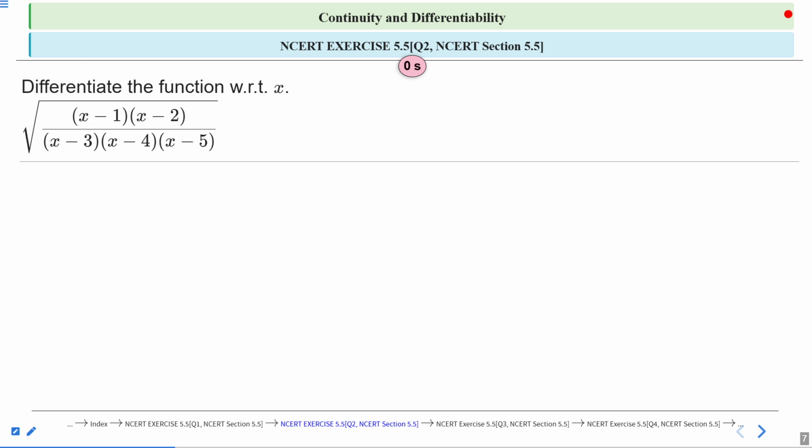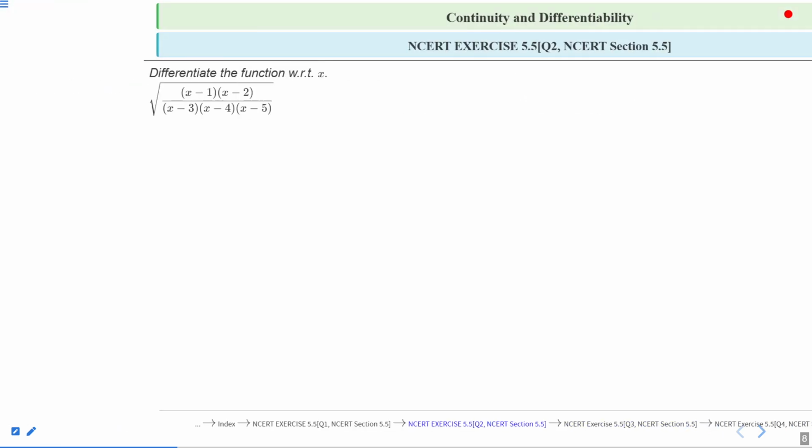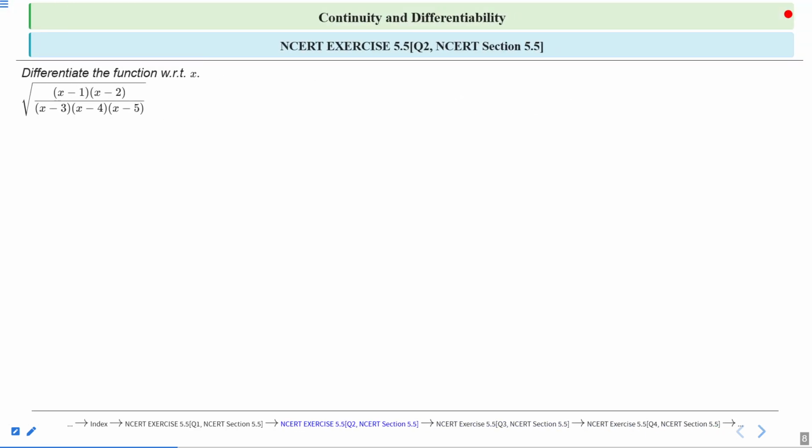Okay, let us move to the solution part. So we basically have to differentiate the following function with respect to x, and the function is given as root over (x minus 1) into (x minus 2) upon (x minus 3) into (x minus 4) into (x minus 5), right? So let us see the solution part. How can we differentiate this? Let y is equal to root over (x minus 1) into (x minus 2) upon (x minus 3) into (x minus 4) into (x minus 5), right?